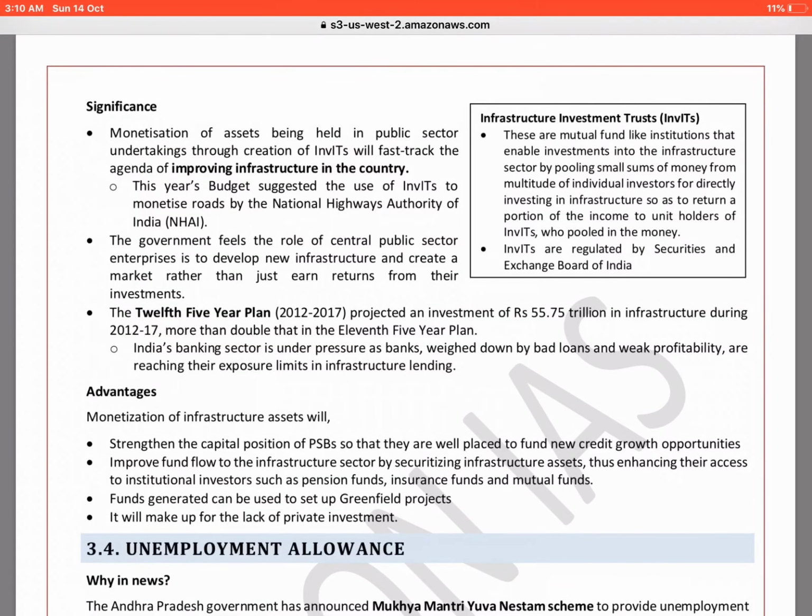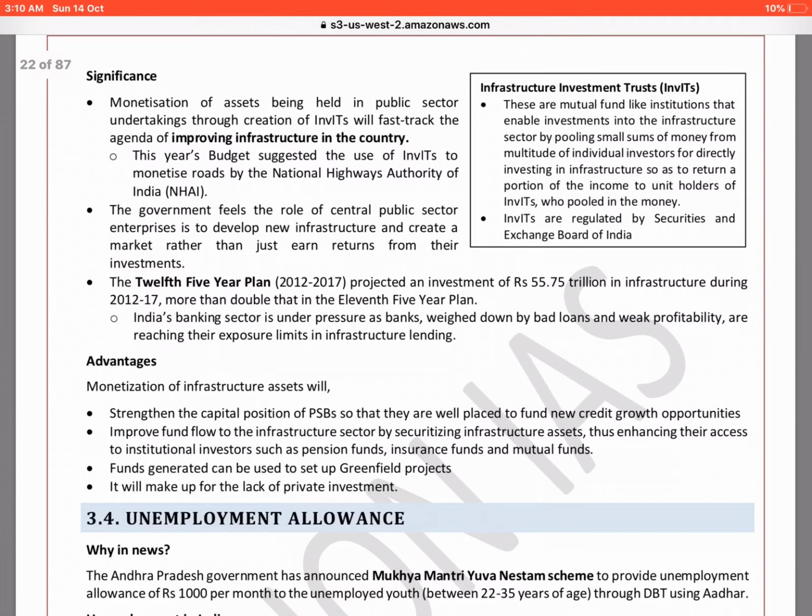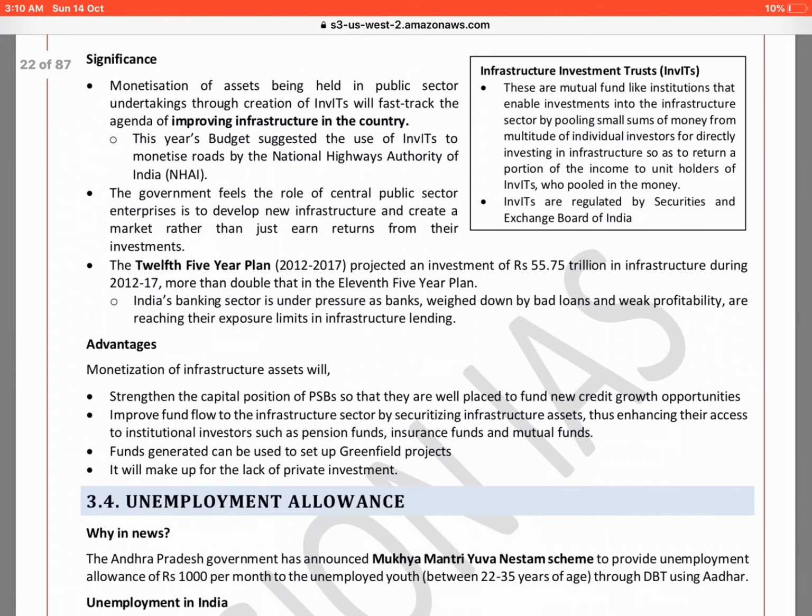So what happens is that you buy, suppose, a mutual fund of rupees 2000. It's just like that. So it enables the investment to come in the infrastructure sector. It allows the pooling of small sum of money. Just like mutual fund, everybody pools their small sum of money, and that is invested in the infrastructure projects, and obviously you will get some good returns on that.